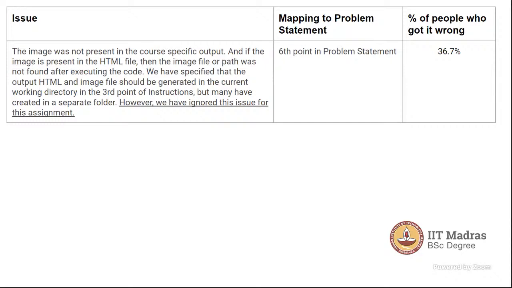But people are trying to create those images in some other locations that may belong to their systems. We have avoided that now. We have not deducted marks in these cases, but I would just like to mention that this was one of the guidelines that was not adhered to properly.